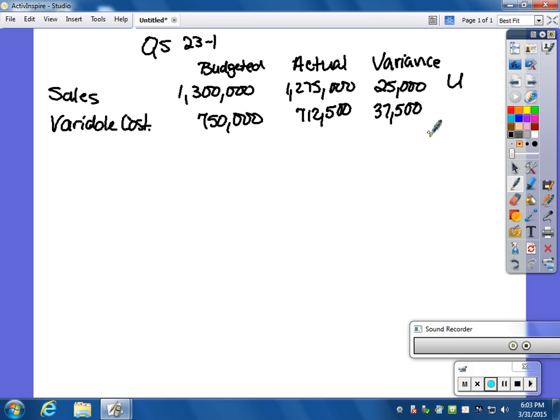Contribution margin, which is accomplished by doing what? Sales minus variable costs.